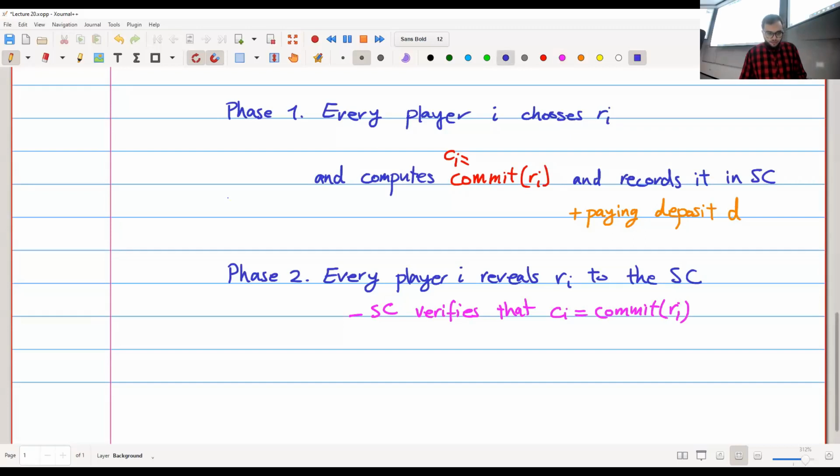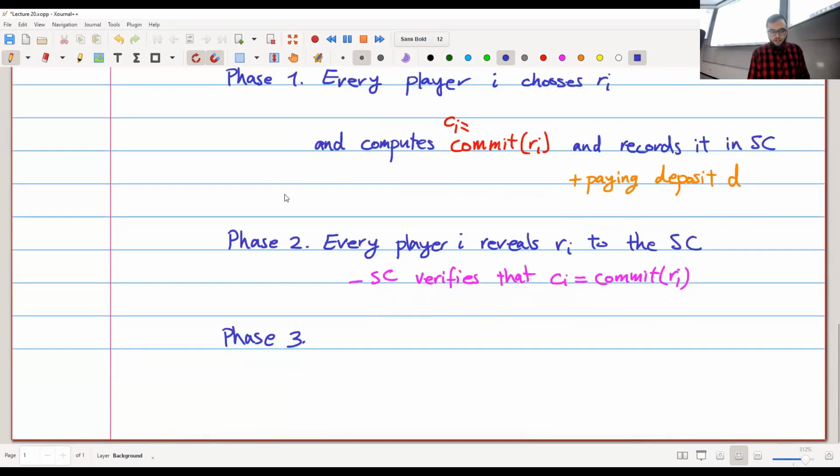Now, I want to have a final phase where I can say that if a particular player does not reveal their value RI, then the other players can compute the RI.